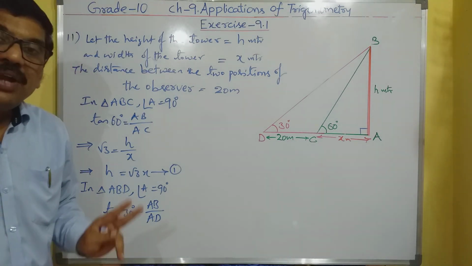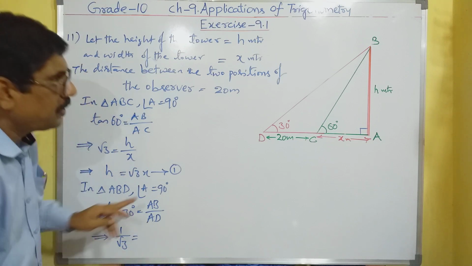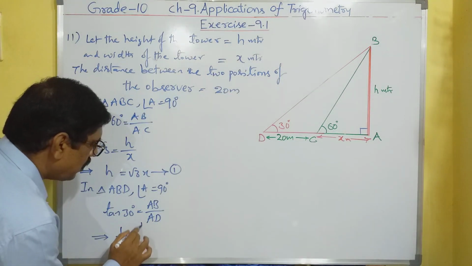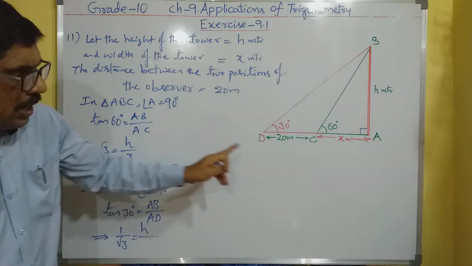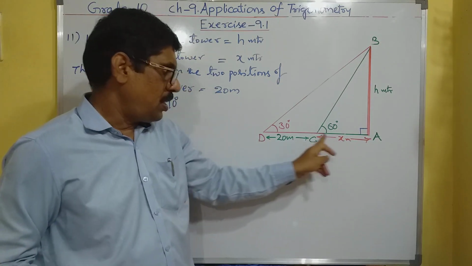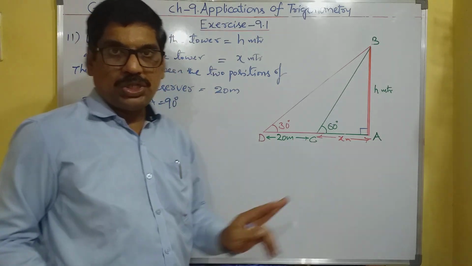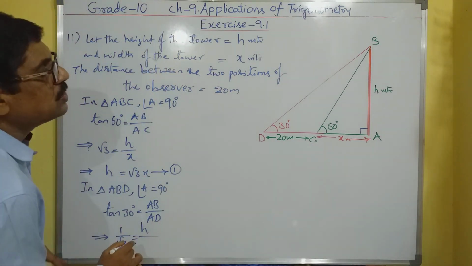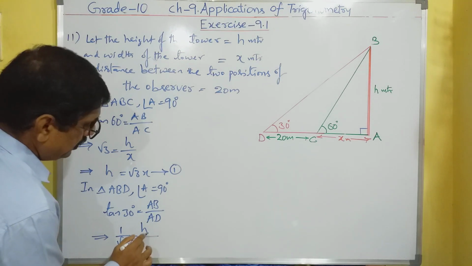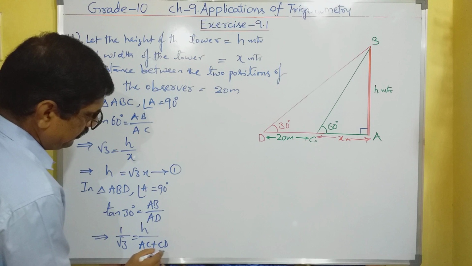What is the value of tan 30 degrees? It is 1 by root 3. AB value, which is not known, h, and AD is the total of the width of the river and the distance between the two positions of the observer, that is h by AD, which we can write as AC plus CD.